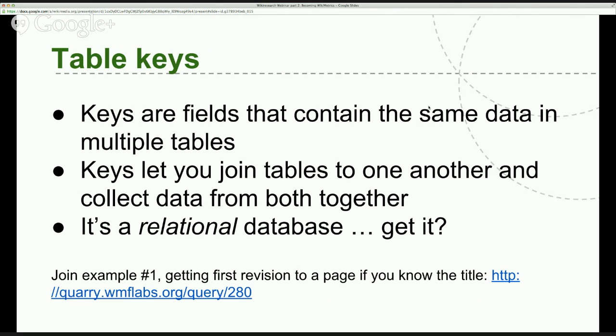So if you want to find all the revisions to a page, in the revision table there's a rev page field for every line, which means that for every revision, we capture what page that revision was made to. And in the page table, there's a page ID field, which gives each page, each line in that table, its own numeric ID.